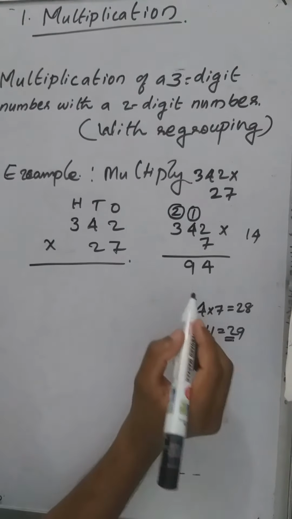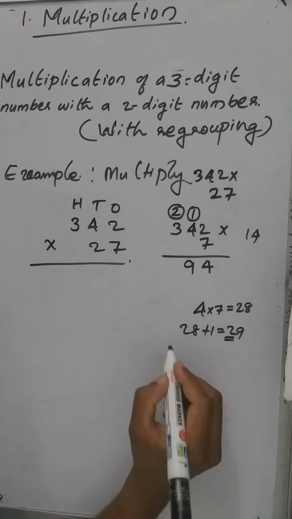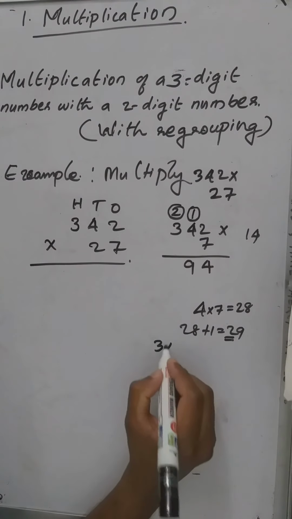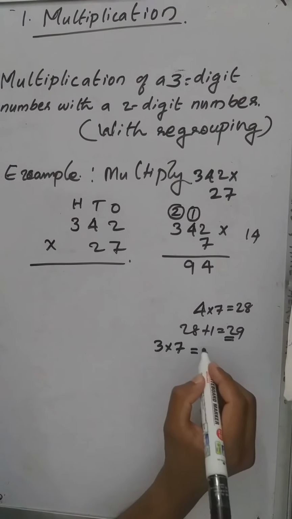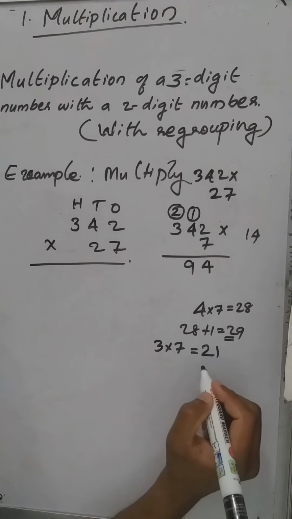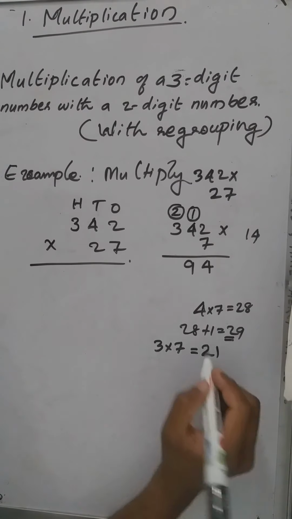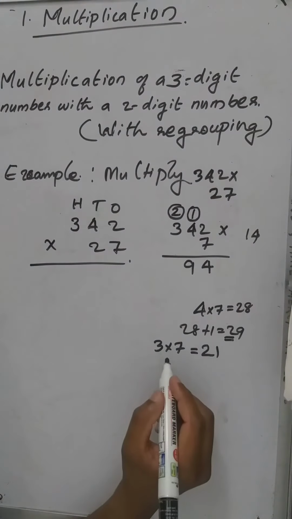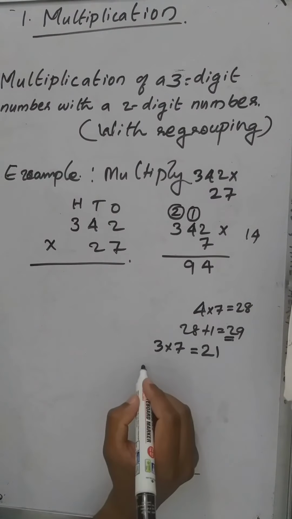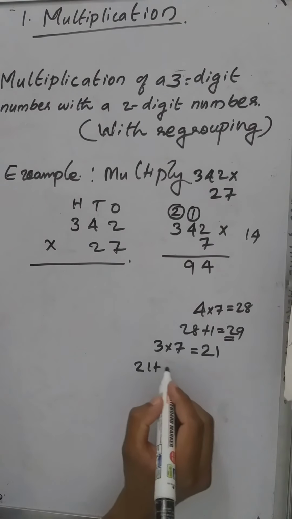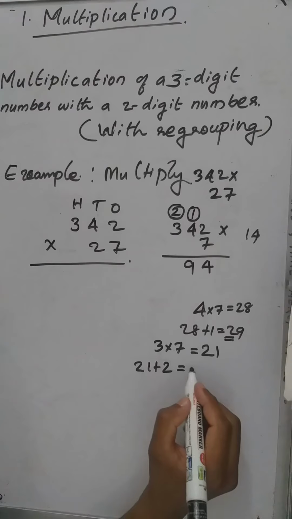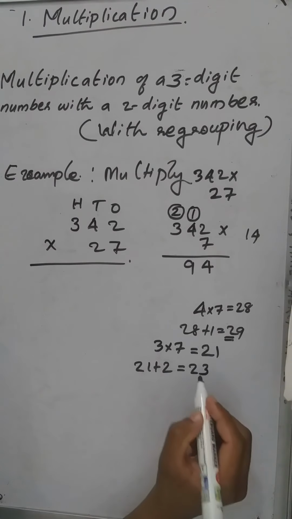Okay, now let's multiply 7 by 3. 3 7s are 21, and 1 2 is already there. That also we have to add to this 21. So 21 plus 2 is equal to 23.